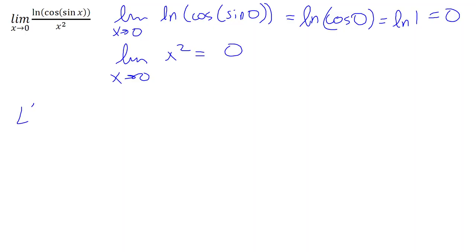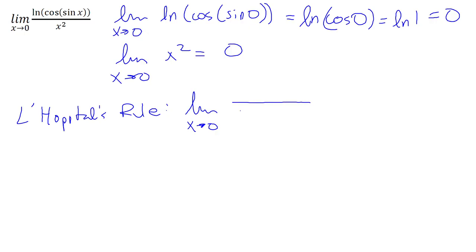So we'll use L'Hopital's rule, which is going to give us a limit as x approaches 0 of, well, let's see here, the natural log of the cosine of the sine of x. Well, that's natural log of u, right? So natural log of u should come out to be 1 over u. So 1 over cosine of sine of x. But then we need to multiply that by the derivative of the cosine of the sine of x.